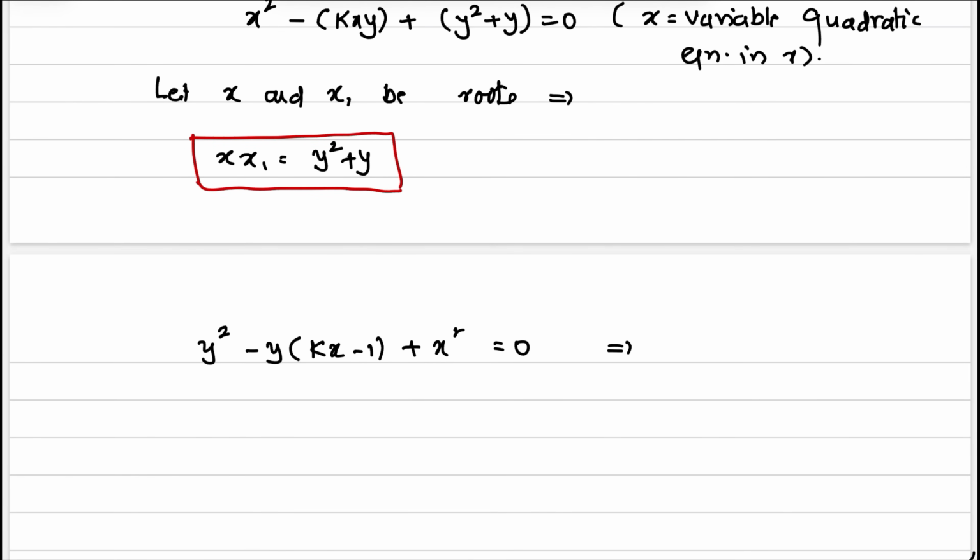That implies this particular equation represents x into x1 is equal to y into y plus 1.